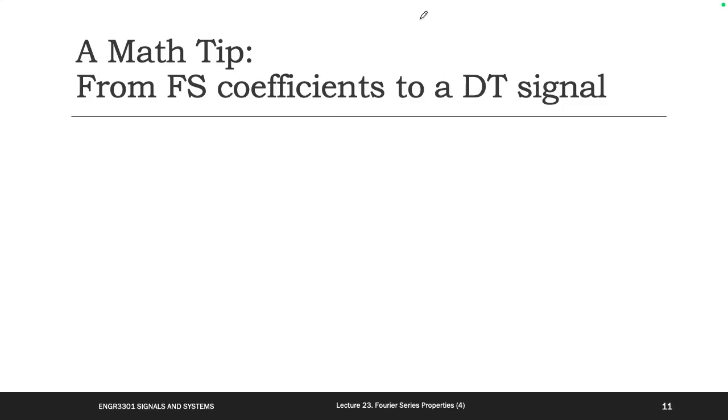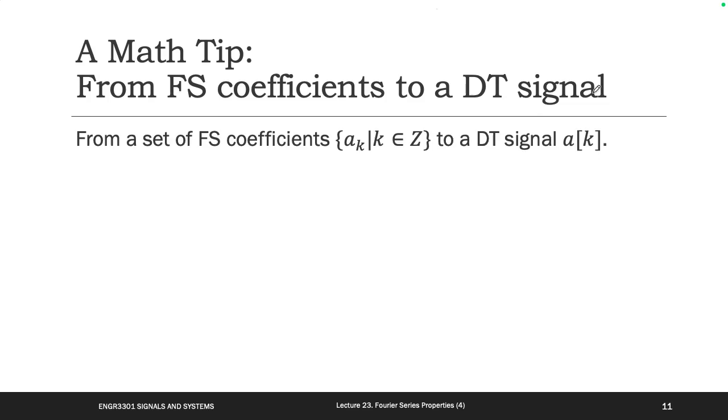Okay, actually there is a math tip: going from FS coefficients to a DT signal. From a set of FS coefficients AK, there is a DT (digital) AK. Actually, you can represent the FS coefficients with a DT signal AK. For example, this is your FS coefficient. Usually we use this, am I right?